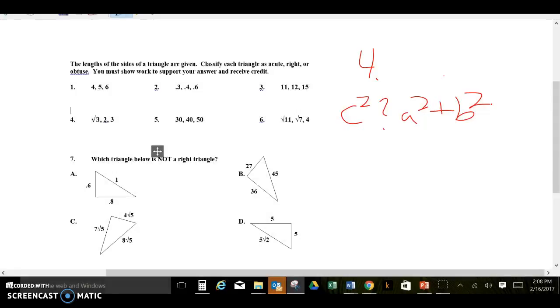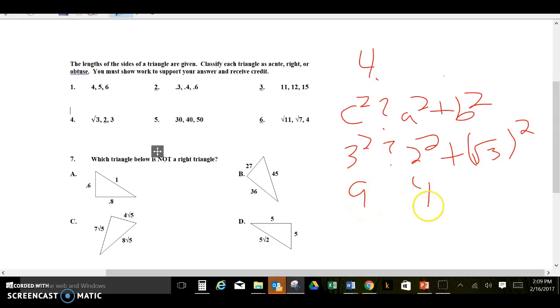So we go 3 squared, question mark, 2 squared plus the square root of 3 squared. 3 squared is 9, 2 squared is 4, and square root of 3 squared is just 3.